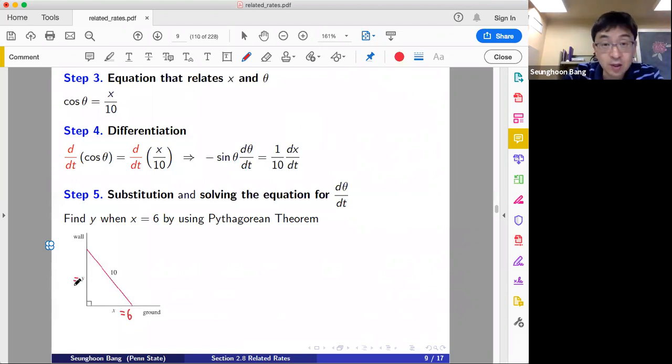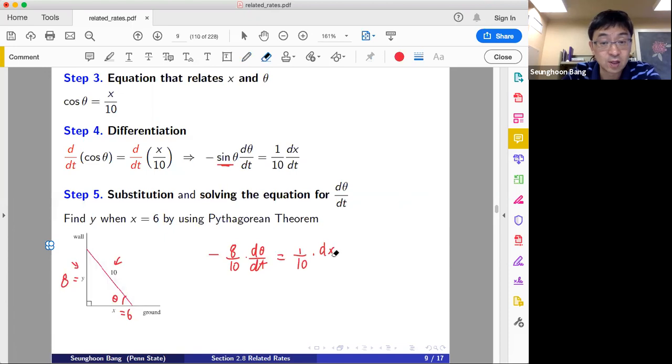Same as the previous example, it is 8. So this is angle theta. Sine theta is opposite over hypotenuse. So we have negative 8 over 10 times d theta/dt equals 1 over 10 times dx/dt.